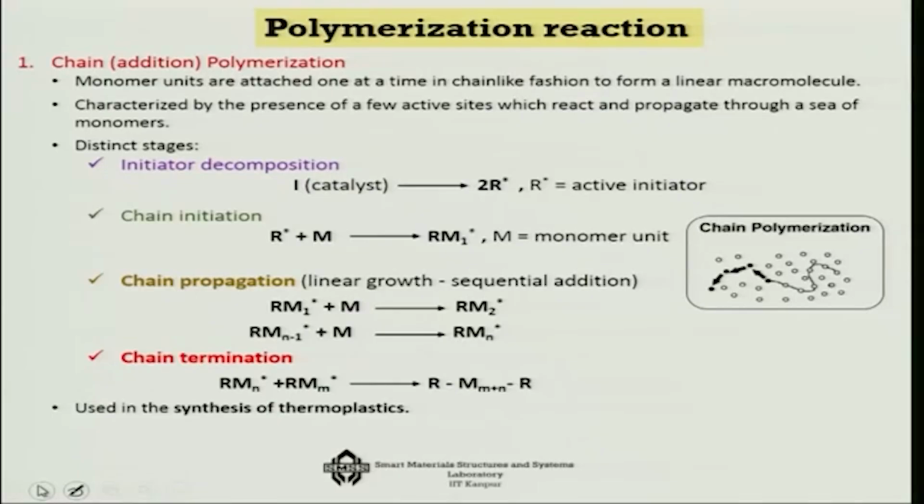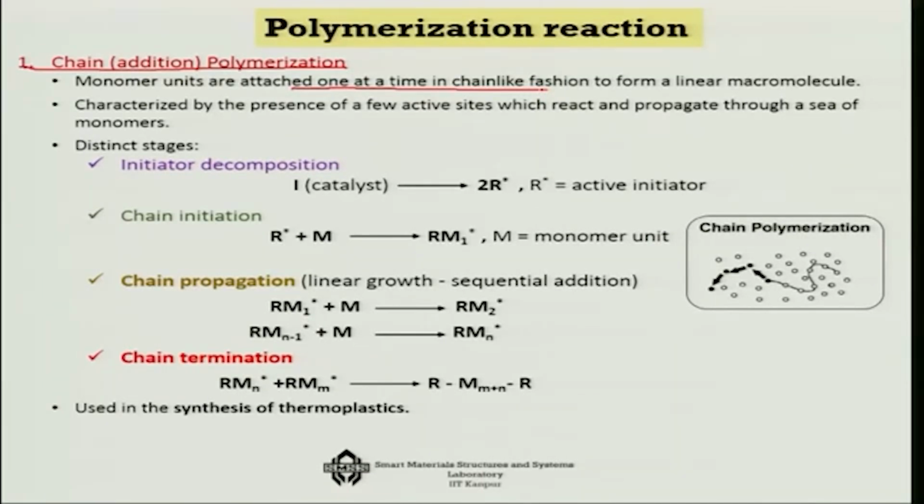Now what happens in this polymerization process? We have told many times about the polymerization process from monomer to polymers. Now there are two types of polymerization process. One is called chain or addition polymerization. So in this process, the monomer units are attached one at a time in a chain-like fashion to form a linear macromolecule.